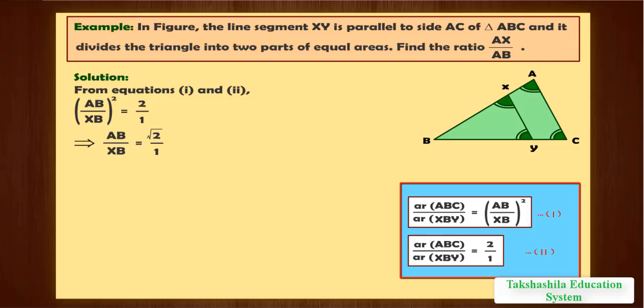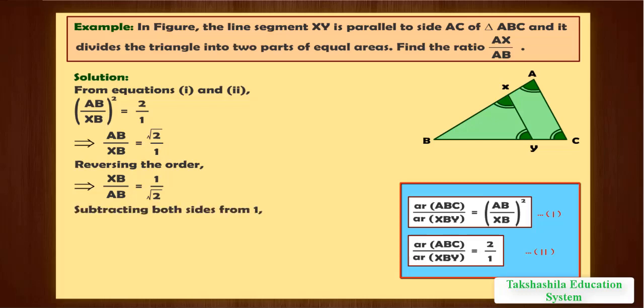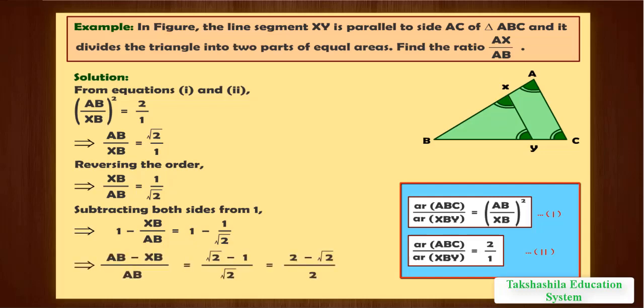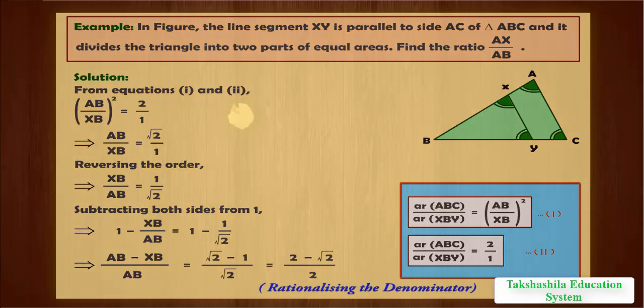Taking square root on both sides, we get AB upon XB is equal to under root 2 upon 1. Reversing the order, we get XB upon AB is equal to 1 upon under root 2. Subtracting both sides from 1, we get 1 minus XB upon AB is equal to 1 minus 1 upon under root 2. Taking LCM, we get AB minus XB upon AB is equal to under root 2 minus 1 upon under root 2 is equal to 2 minus under root 2 upon 2.